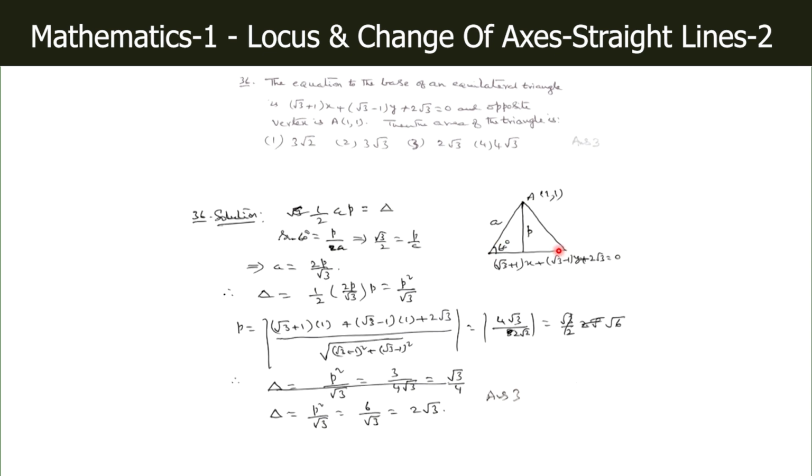Because it is an equilateral triangle, suppose one side is a, the equal sides are equal to a, then you know that sin 60 is equal to P by a. So therefore sin 60 means root 3 by 2.